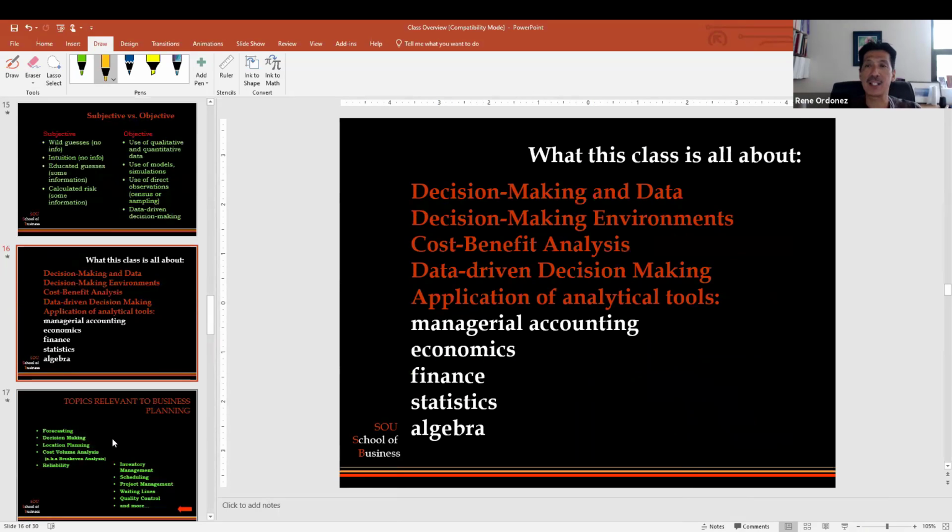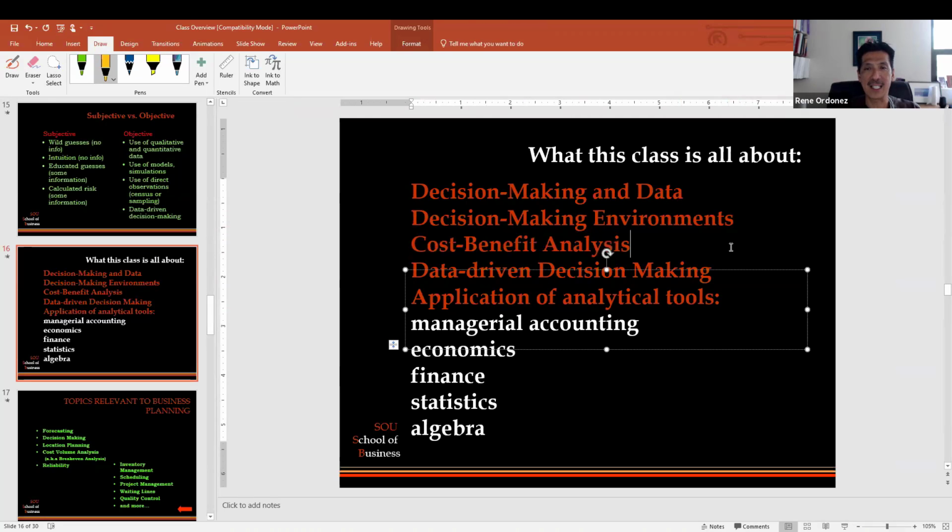So what is this class all about? Again, to sum up, we're talking about decision making, the use of data in decision making. And I've touched on decision-making environments generally. What you will observe in this class is that the models and concepts we will be discussing really talk about the cost associated with a certain action and the benefit of that particular action or decision, okay?